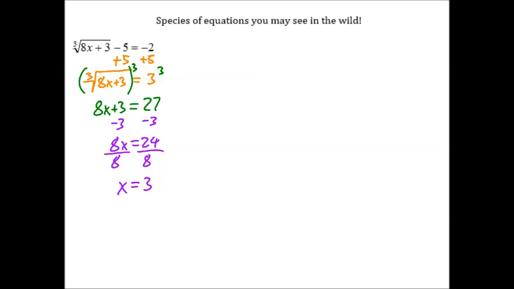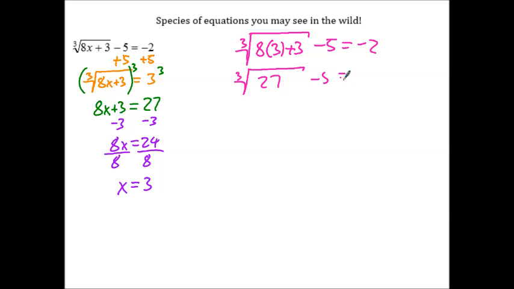Now let's see if that works. Plugging 3 back into our original equation, we get the cube root of 8 times 3 plus 3, minus 5, is equal to negative 2. Or, in other words, the cube root of 24 plus 3 is 27, minus 5 is equal to negative 2. The cube root of 27, yes, 27 is a perfect cube.